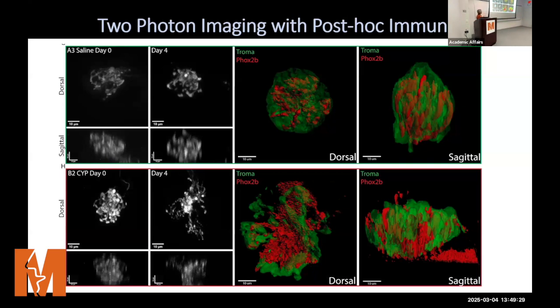But here's an example of a bud after treating with cyclophosphamide. You can see that the taste bud has kind of exploded out like a blooming onion. The taste receptor cells are disintegrating and flaring out. And similarly, the fibers are also spewing out to the edges. So this is an example where maybe the overall volume of the fibers may not have changed so much, but the morphology has really drastically changed.